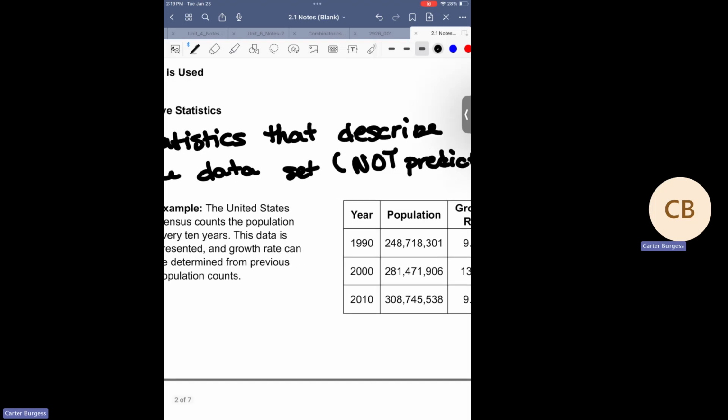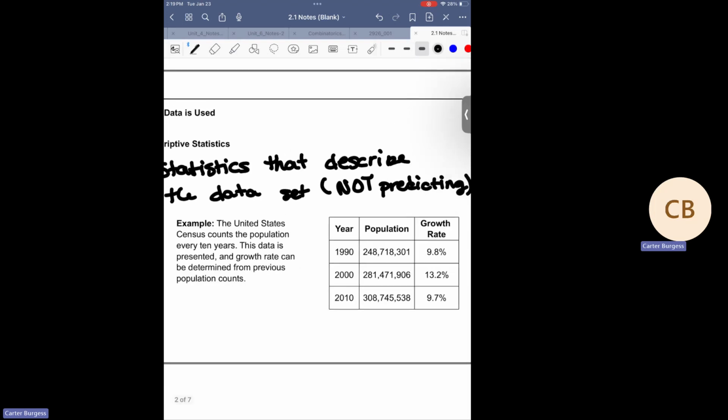But the table isn't trying to do anything with that growth rate. We're not trying to make any kind of guess as to what's going on in 2020. We're not trying to make a guess as to what went on in 1980. We're not trying to make a guess as to what's going on in 2005.